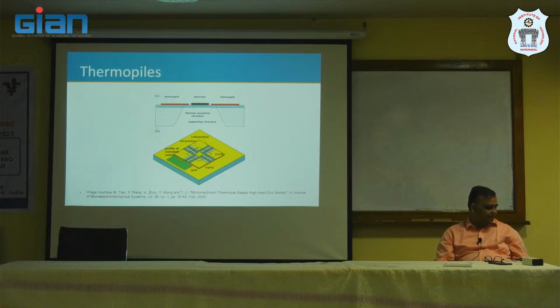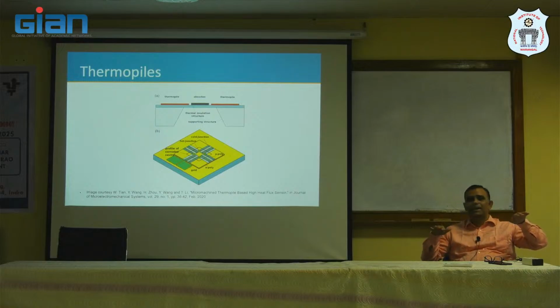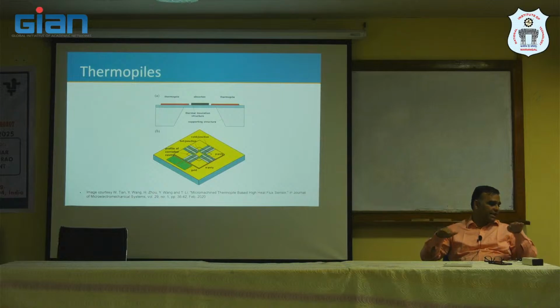So, to do that, here are some examples of doing that. This is a micro electromechanical sensor chip, wherein you can see they have got a hot junction and a cold junction, and they are trying to keep these structures away from one another. And if you look at the literature, there are tons of such papers.